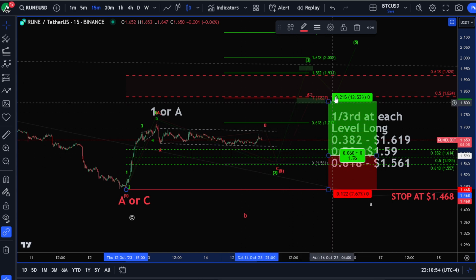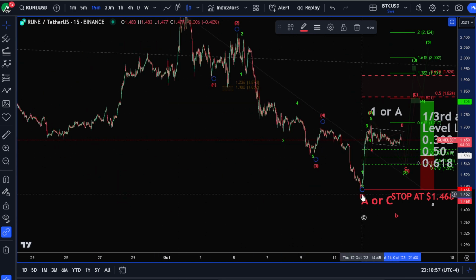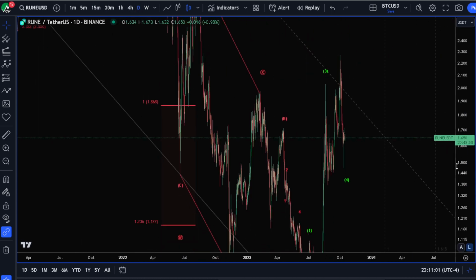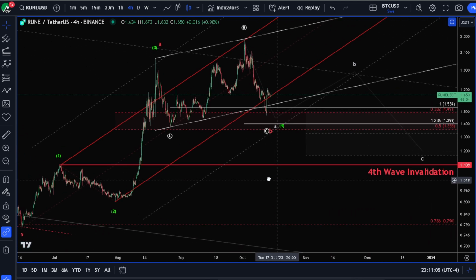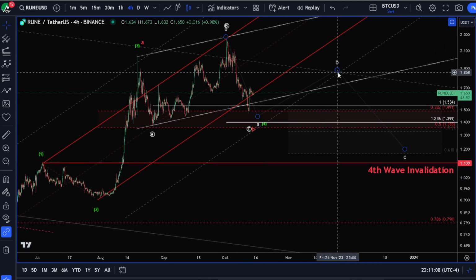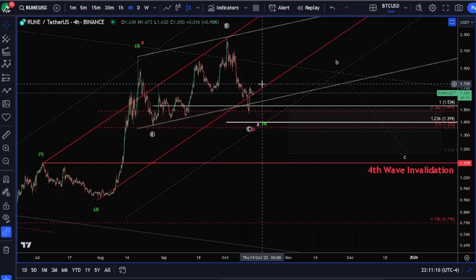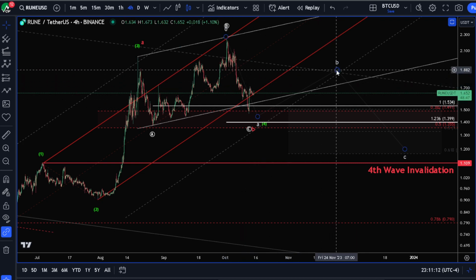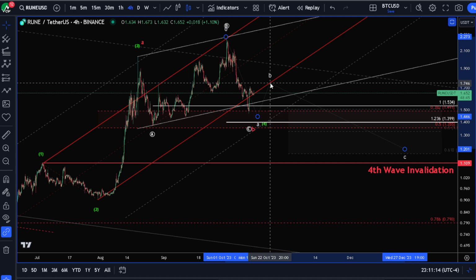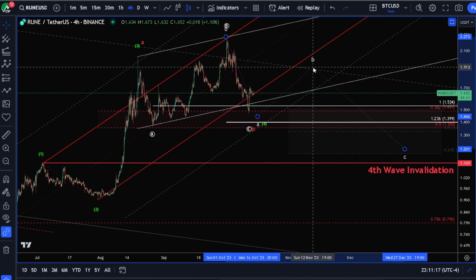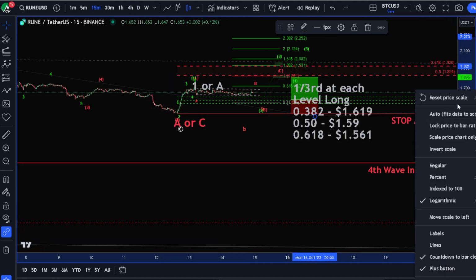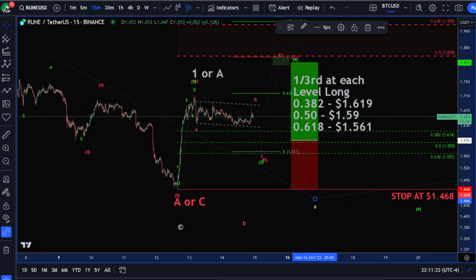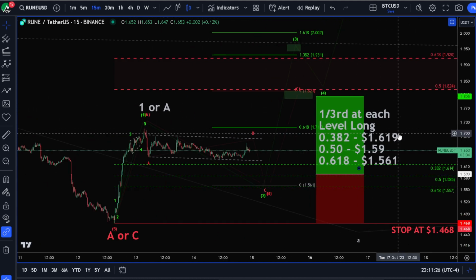So it kind of lines up perfectly, as you can see, as our A, B, and then we get, on the larger time frame, only 4 hour, our C wave. In which case, obviously, this is going to have to be pulled over, and it might be a little quicker than expected. But we're going to play this one wave at a time, and right now looking just for that one-to-one extension or that third wave to the upside.